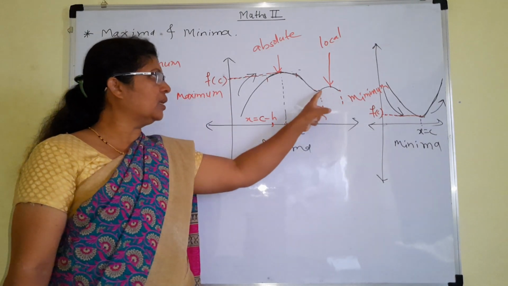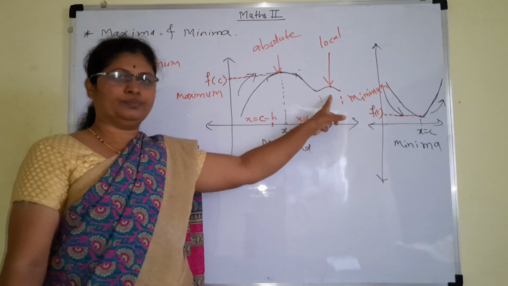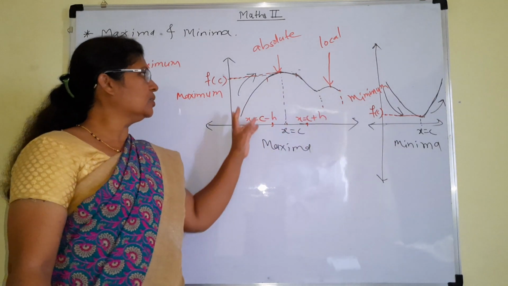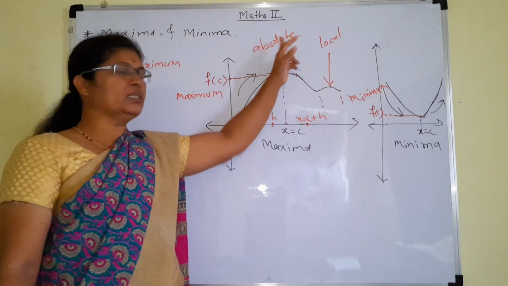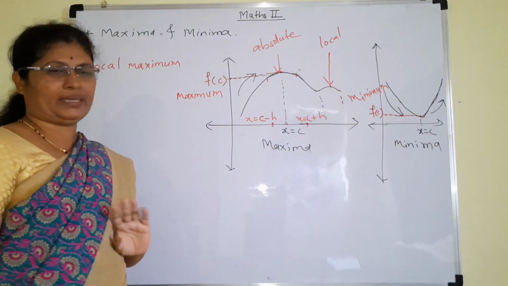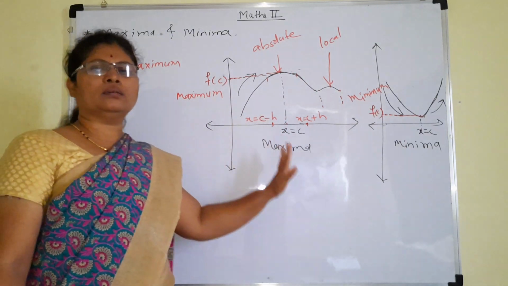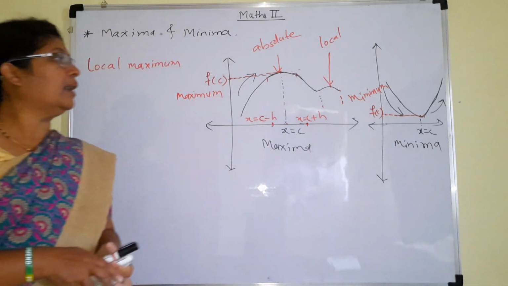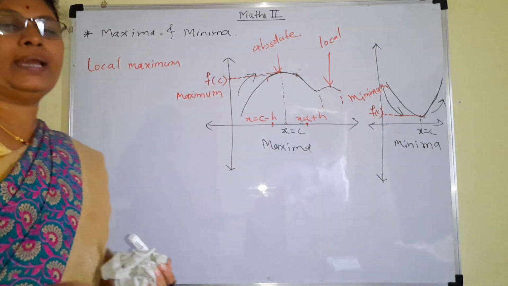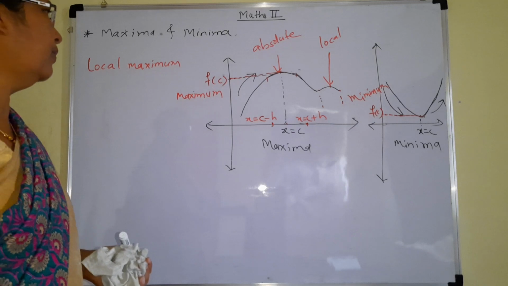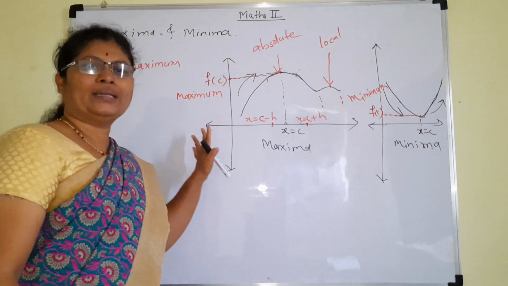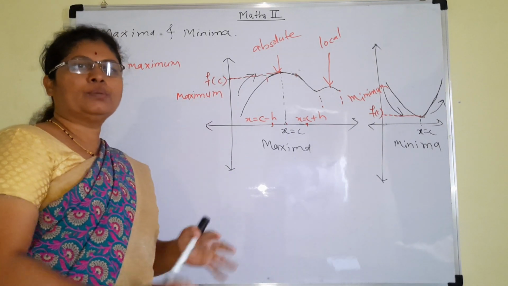So for this interval, this one is local maximum. Got it? And if I consider the overall graph, then this one is absolute maximum. So these are the concepts of maxima and minima, or maximum and minimum value of the function.